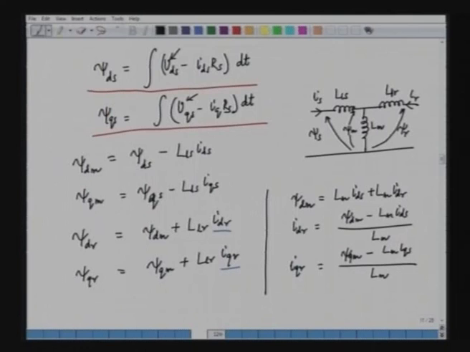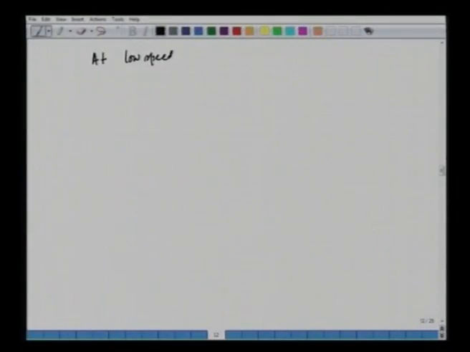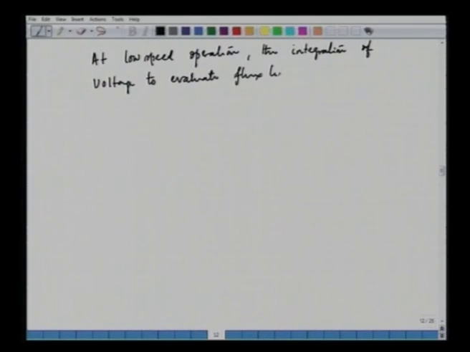So, the difficulty of this method is the following: at low speed operation, the integration of voltage to evaluate flux linkage becomes erroneous.